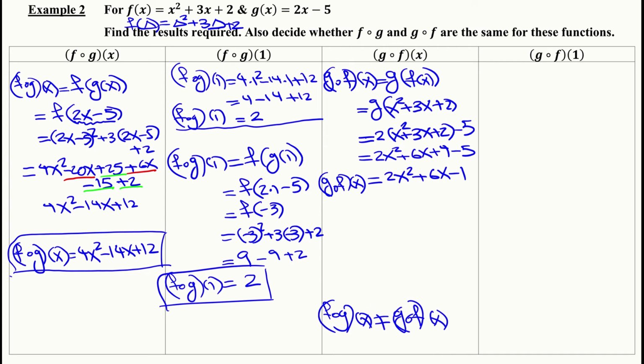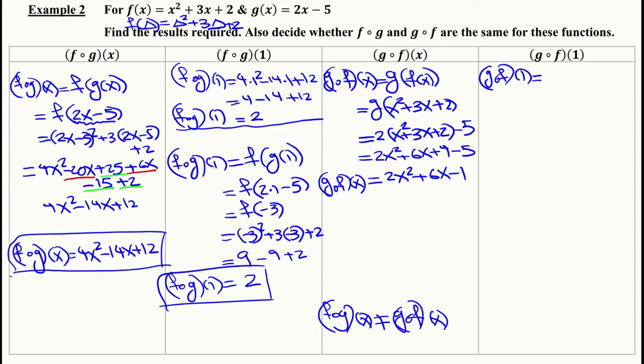So now we're going to compute g circle f of 1. And I encourage you to pause and calculate it in both the ways that we have been discussing: indirectly, by using this, or directly by just using g and f themselves. So here, in this expression, wherever we see x, we're going to put 1.